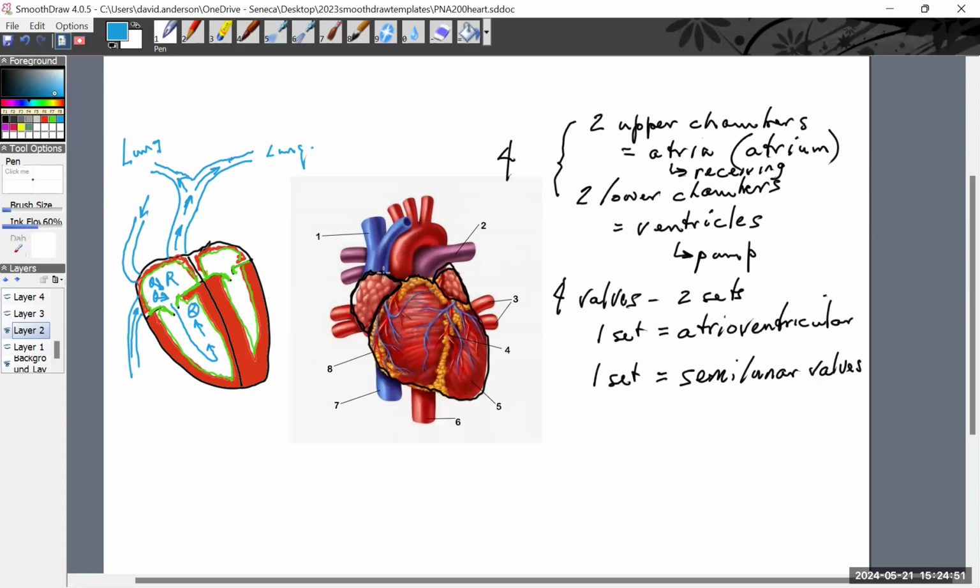So this structure that we're looking at that's in purple on this picture right here, the number 2, is called the pulmonary trunk. And it divides into a right and a left pulmonary artery.